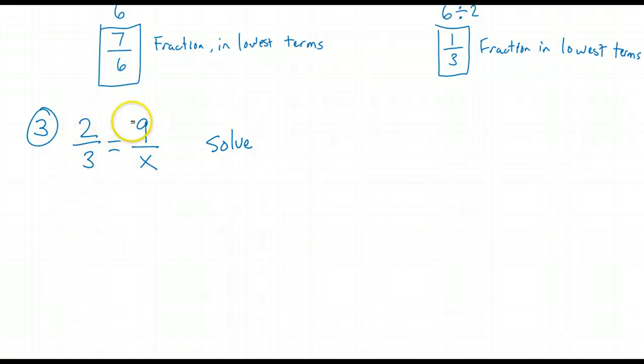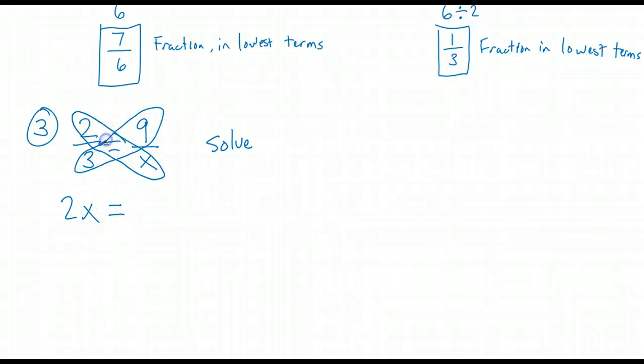Whenever I have a ratio equaling a ratio, a proportion, to solve for x, cross multiply. I'm going to drop my equal sign straight down, and I'm going to take the numerator on the left times the denominator on the right. And I'm going to set it equal to, I'm going to keep my equal sign, 3 times 9.